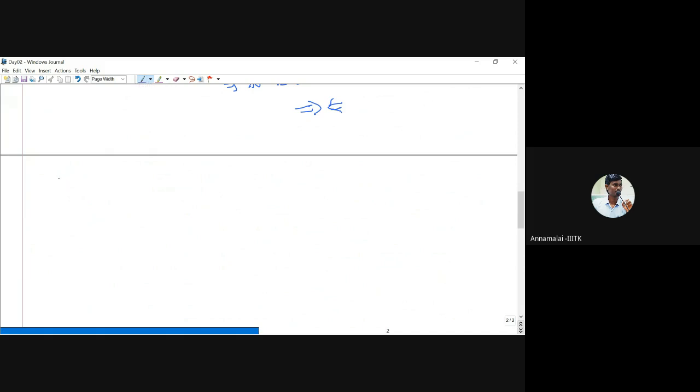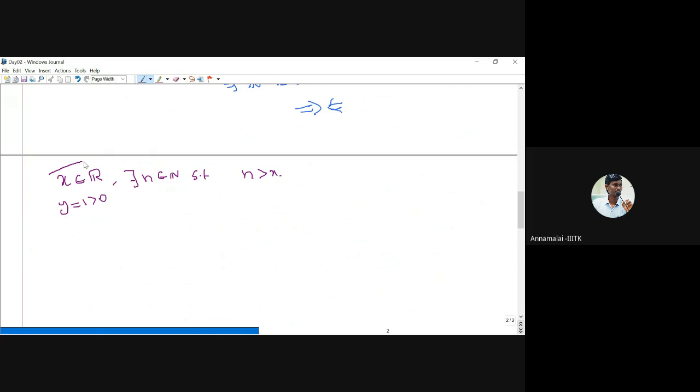Given a single real number x, we can find a natural number n such that n is greater than x. How is this true? Because now we take y equal to 1 and we know that 1 is a natural number.